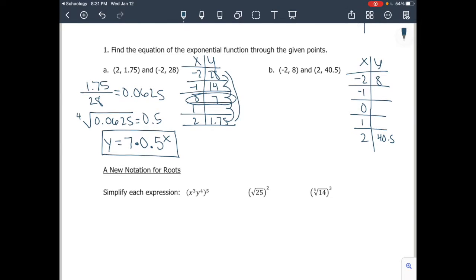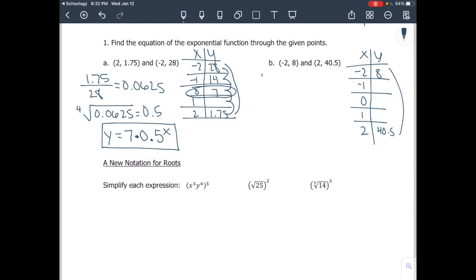And then we've got to figure out our multiplier, so we're going to divide. And when you do that, you get 5.0625. And then we're going to count 1, 2, 3, 4 hops. So we're taking the fourth root of 5.0625.